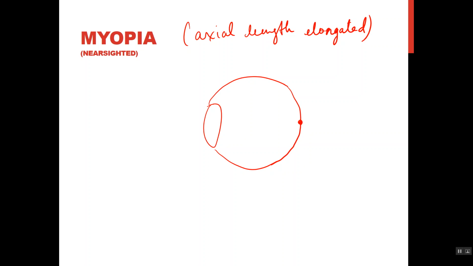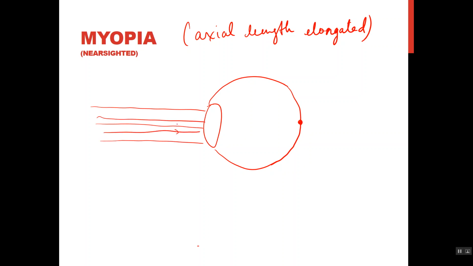So the problem comes out when you're looking at objects that are far away. If an object is located far away, the rays that are incident to your lens are going to be what behavior? Parallel, exactly. So rays are coming in parallel. Let's draw like 5 of them.